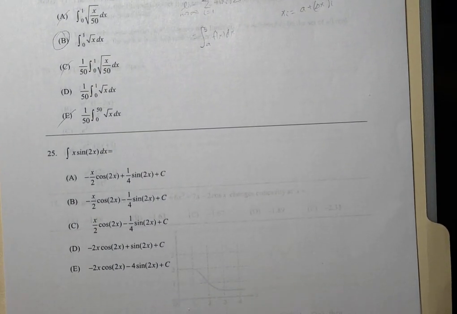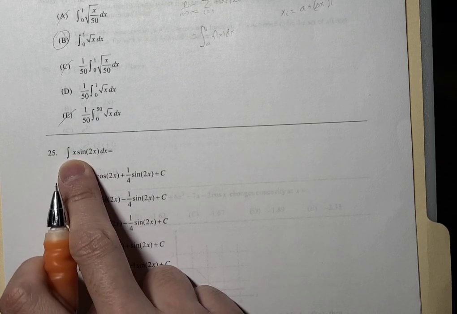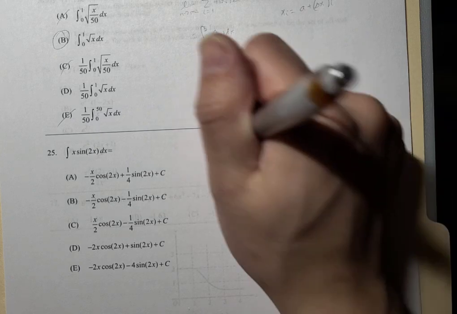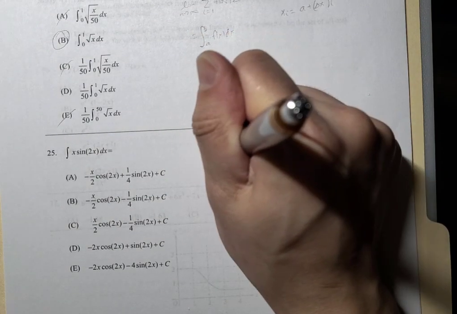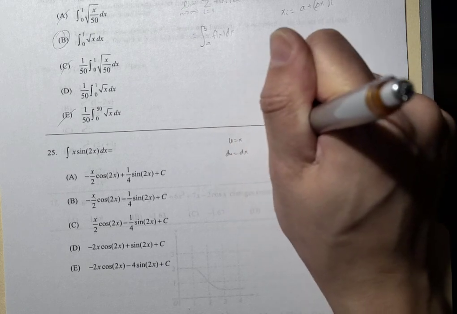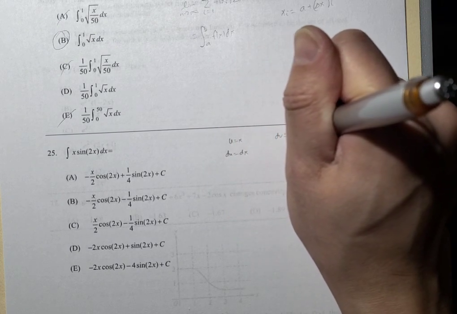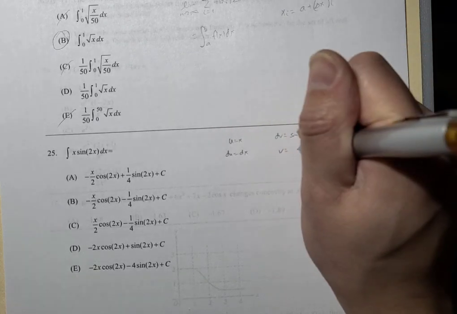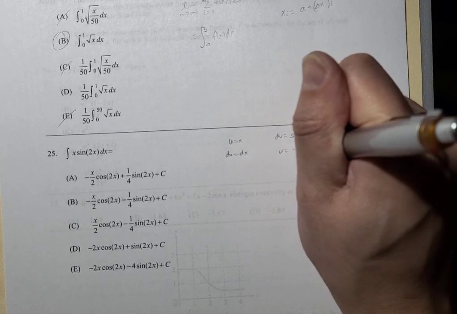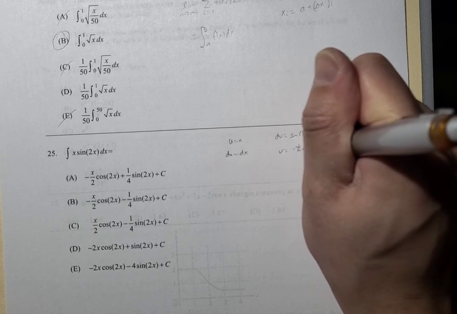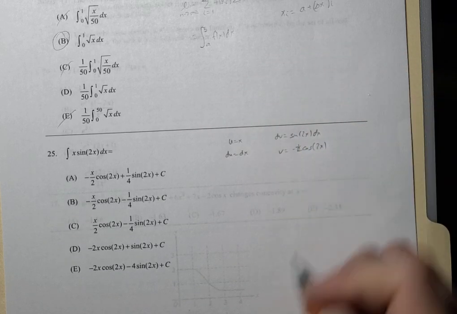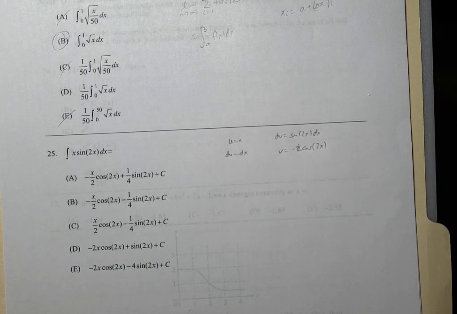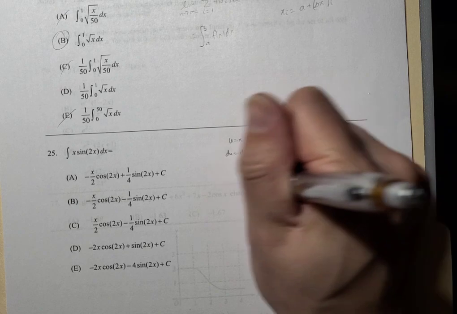And this one, oh, this is easy integration by parts. You should be able to tell that right away because it's x times sine 2x. Something like that is integration by parts, okay? So we let u be x, du is dx, dv is sine 2x dx, v is minus half cosine 2x, okay? By the way, you could do the tabular method, that's totally fine. I'm just going to do it the long way here, okay?